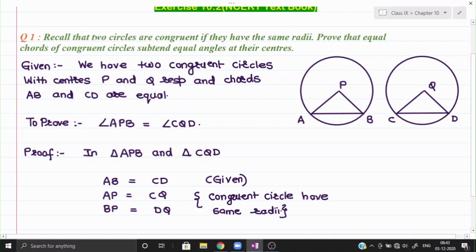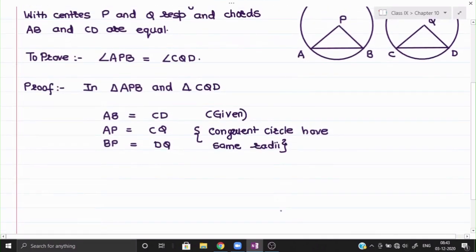Now again we can apply the side congruency theorem and say that the triangles are congruent. So first we write triangle APB is congruent to triangle CQD, that is with the help of the side side side congruency rule.